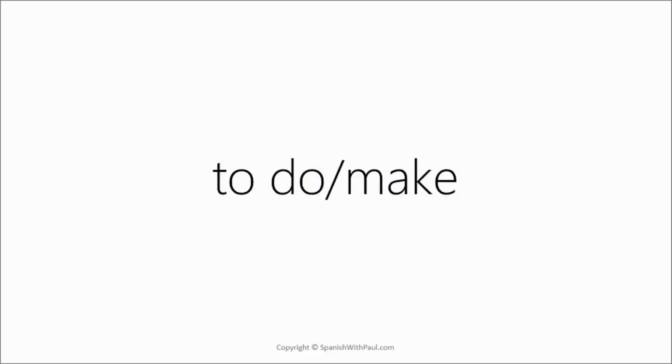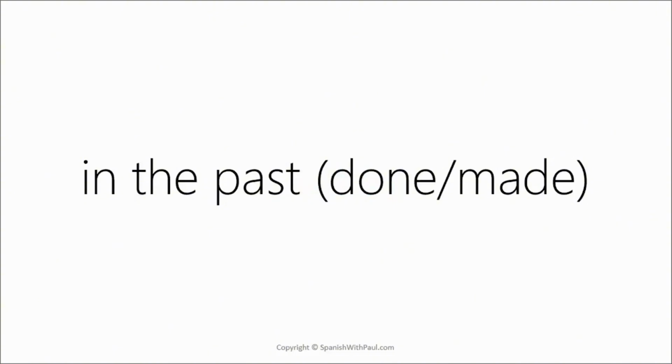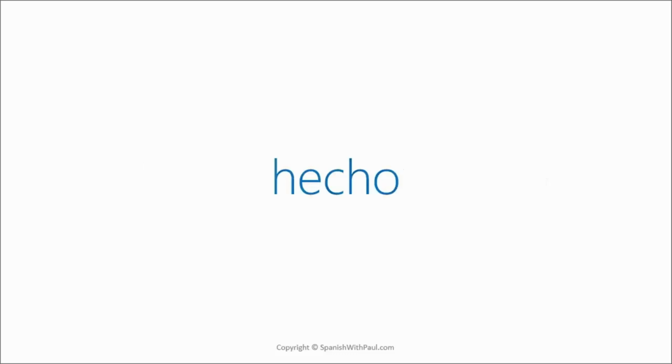The verb to do or to make is hacer. And in the past, again, this is irregular. So if we want to say done or made, it goes to hecho. And I'm sure you've seen on labels, hecho in Mexico, for example, made in Mexico. So hecho can be made or done.